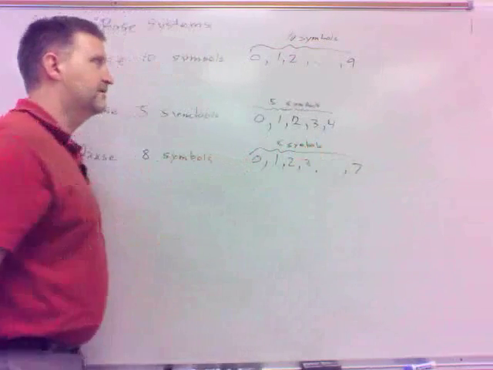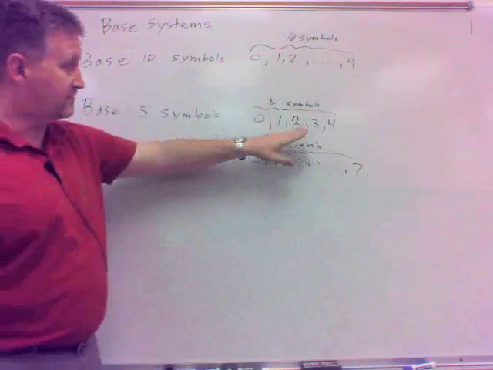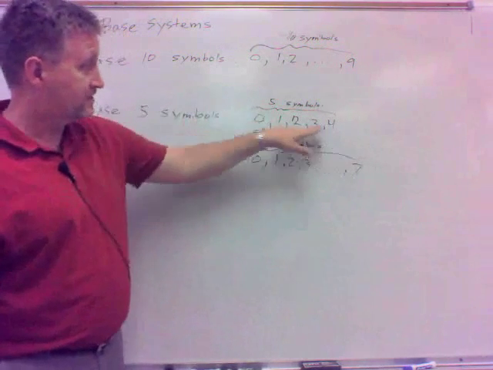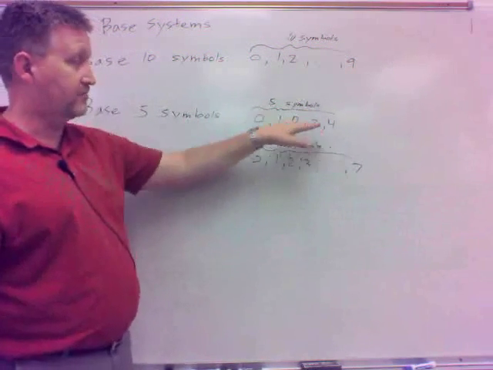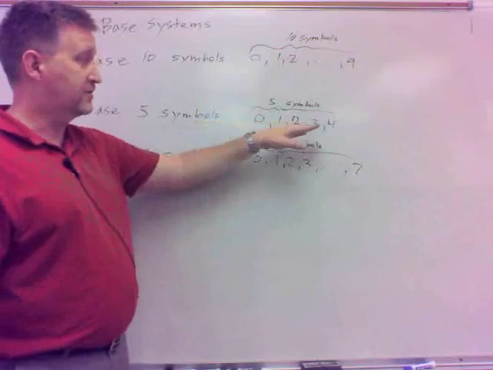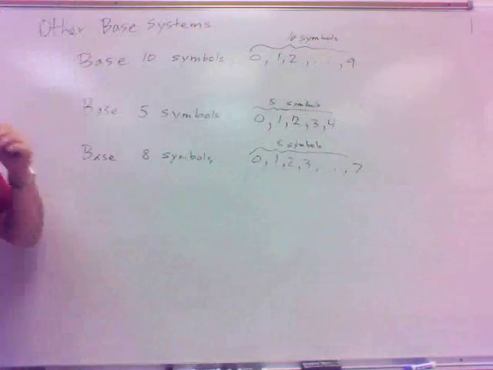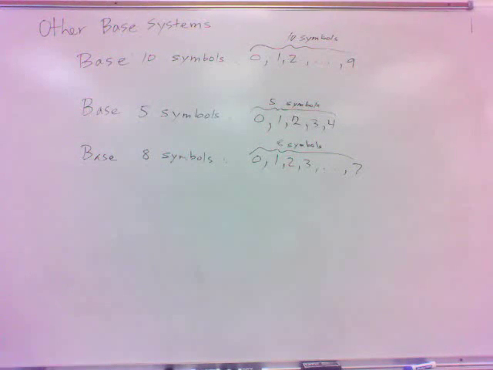Different about other bases, if you have a base less than 10, you're going to have less symbols. Base 5 only has 5 symbols, and so that means when we do base 5 numbers, the numbers are only going to be made up of these numbers here. Base 5 numbers, you don't have any 5s or 6s. In base 8, you don't have any 8s or 9s. So anyway, that's the first thing to point out.